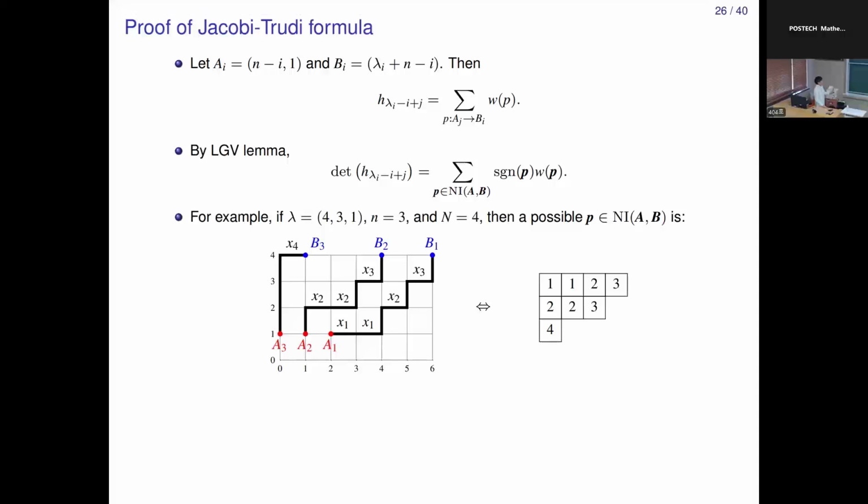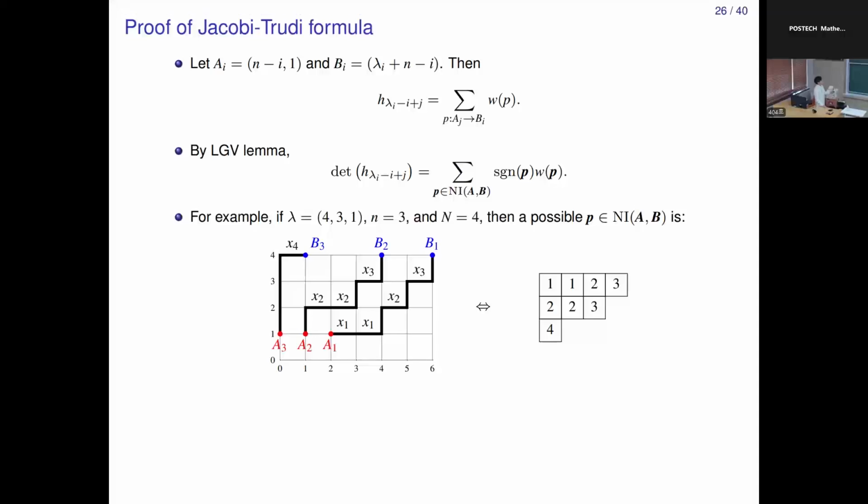For ending points, B1 is lambda 1 plus n minus 3. So n equals 3 here, that's lowercase n. So this is 6. And then lambda 2 plus n minus 2, which in this case is 4. And then the third one is going to be this. So we fix the starting points and ending points like this.